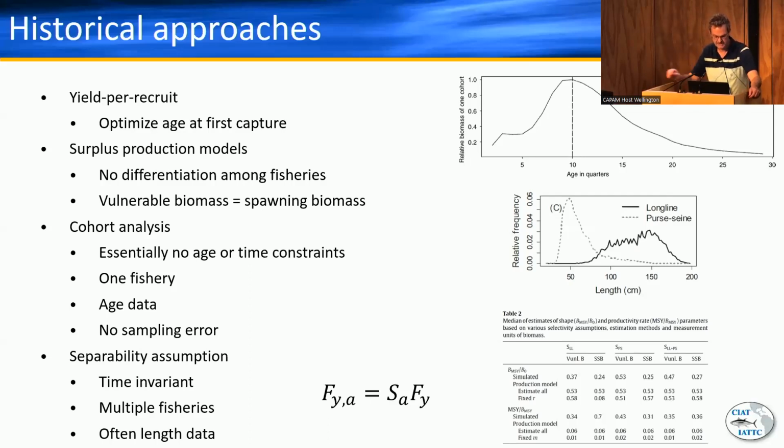And then finally, when we move to the more statistical approaches, we typically had the separability assumption, which assumes that the selectivity is time invariant. Often we moved into multiple fisheries to try and model the differences in selectivity among fisheries. And one of the other big things is we were fitting a lot to length frequency data, and that's part of the reason to move to that approach over the cohort analysis approach, to take into consideration sampling error and things like that.